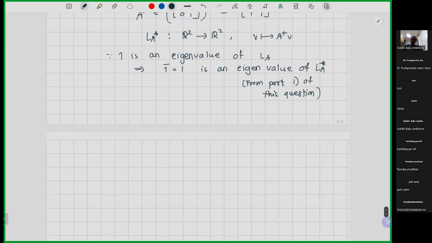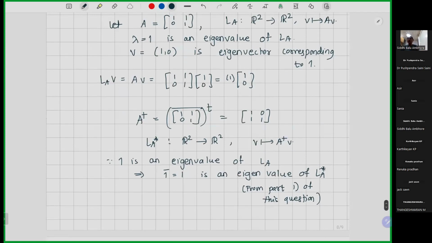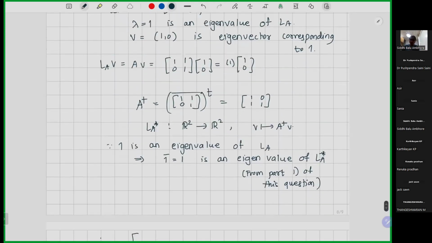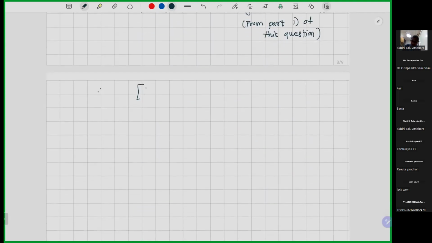So our question is whether the same eigenvector, which gave us AV equal to lambda V, also works for lambda bar. V was (1, 0) for our lambda. So A dagger V is equal to (1, 0; 1, 1) times V, which is (1, 1). And this is definitely not equal to 1 times (1, 0).